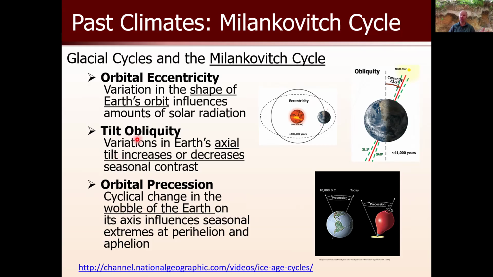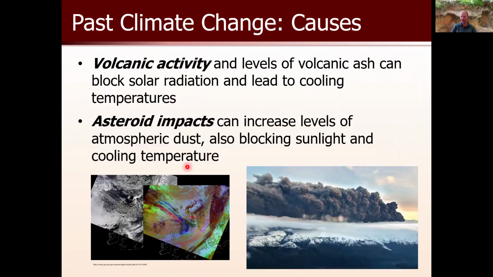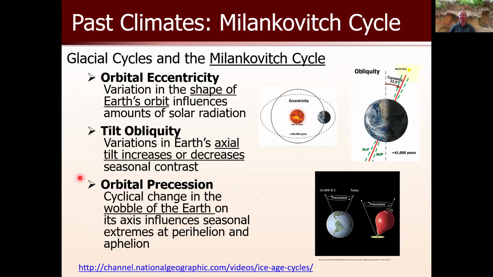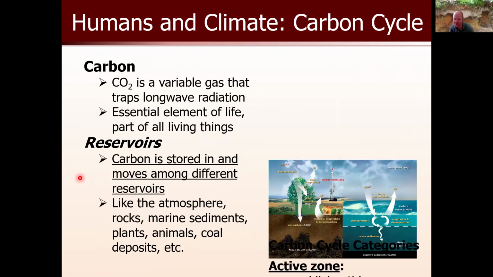So these are three known natural processes that influence radiation, and they overlap and very closely correspond to these dramatic warming and cooling cycles as we understand radiation budgets on Earth's surface.